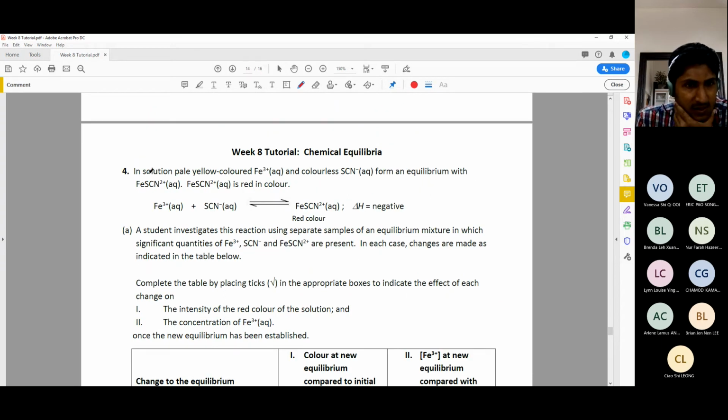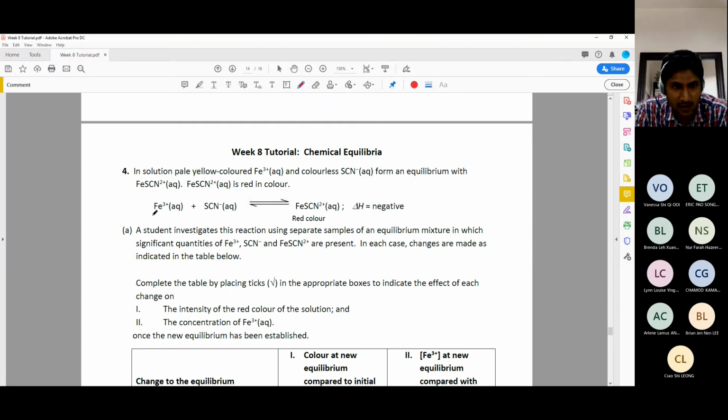Question number 4. We will be doing this type of experiment next week, Thursday. In solution, pale yellow colored ferric and colorless thiocyanate ion form equilibrium with ferric thiocyanate. Ferric thiocyanate is blood red in color, and we'll be seeing this later on.